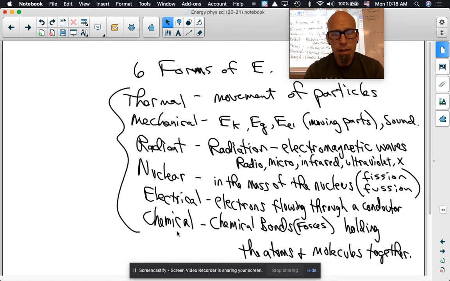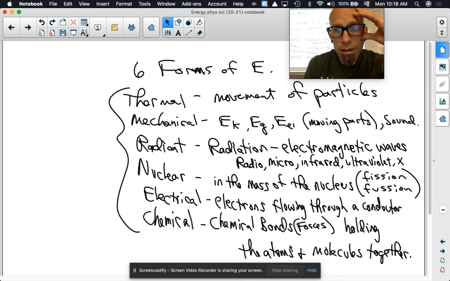Like for instance, if I burn a log, like I have a campfire and a log is burning. First of all, what kind of energy do you think the log has just itself? I hope you're thinking chemical energy, because the log just sitting there, it doesn't appear to have anything, because the energy that it has is stored chemically in the bonds that hold the stuff together.